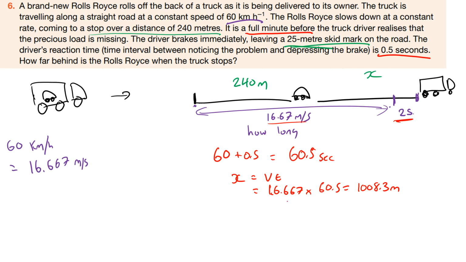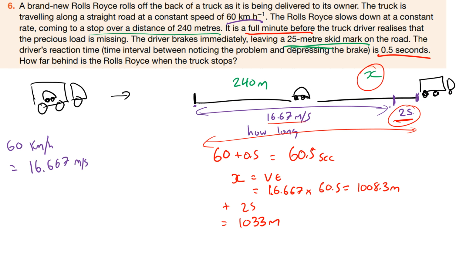Okay, plus the 25. So then we're going to add 25 because that's this value at the end, which means this whole distance here from start to finish is equal to 1033 meters. But that's not what this value of x is, which is what we want.